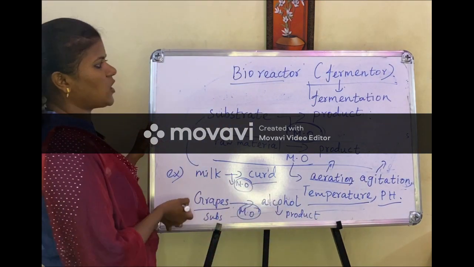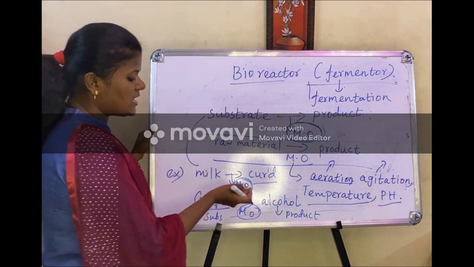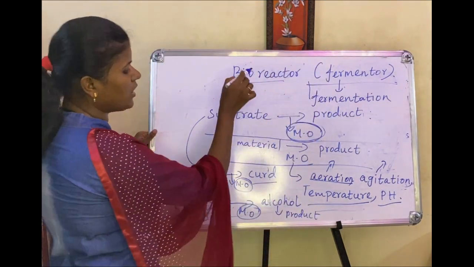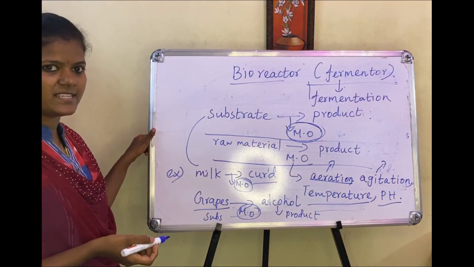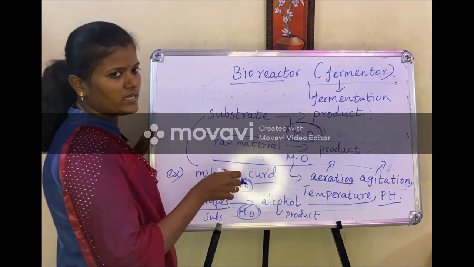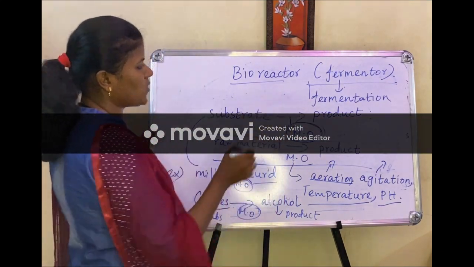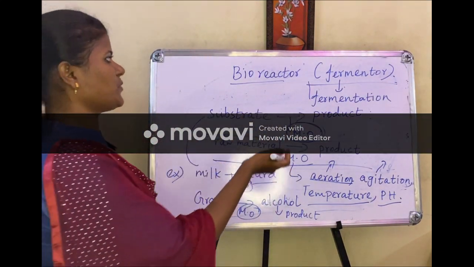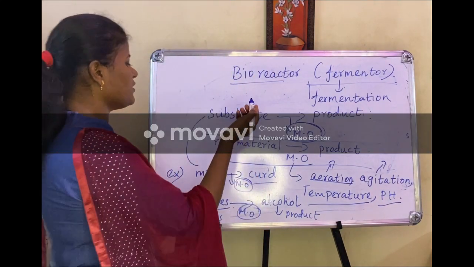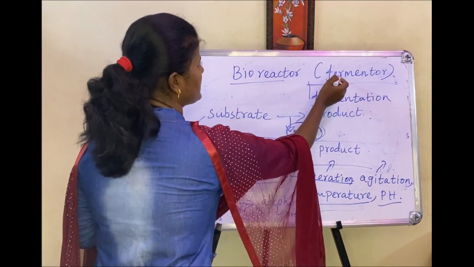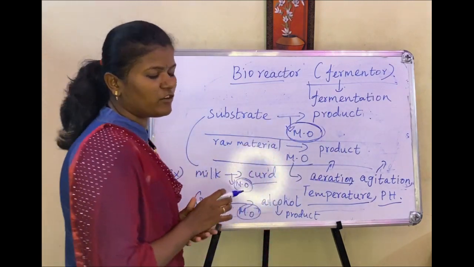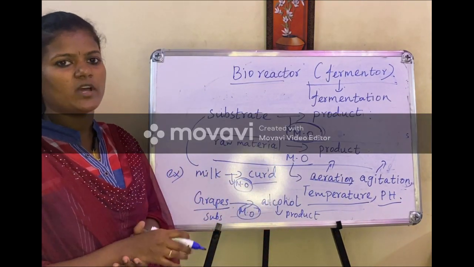This process is called the fermentation process. It takes place in the fermenter or bioreactor. Substrate is converted into product by using microorganisms. The fermenter should provide an optimum environment for the growth of microorganisms.